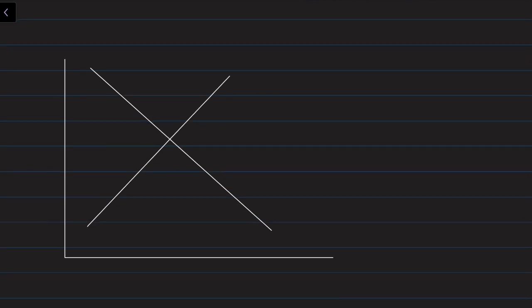So this is the supply curve and this is the demand curve. Okay, and this point is the market equilibrium.